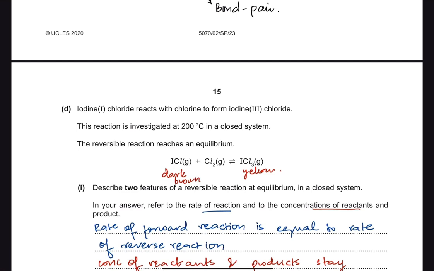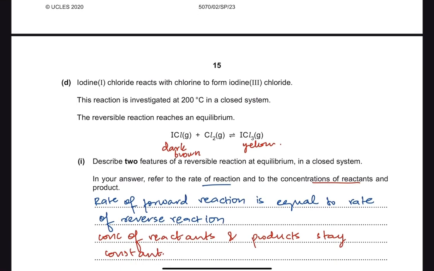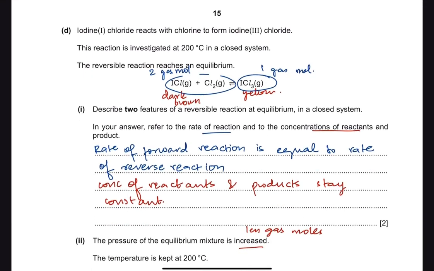If I go back and look, there are 2 gas moles on the left hand side and 1 gas mole on the right hand side. So the color should become more yellow, and the reason is that there are fewer gaseous moles on the right hand side, so high pressure will favor the right hand side.